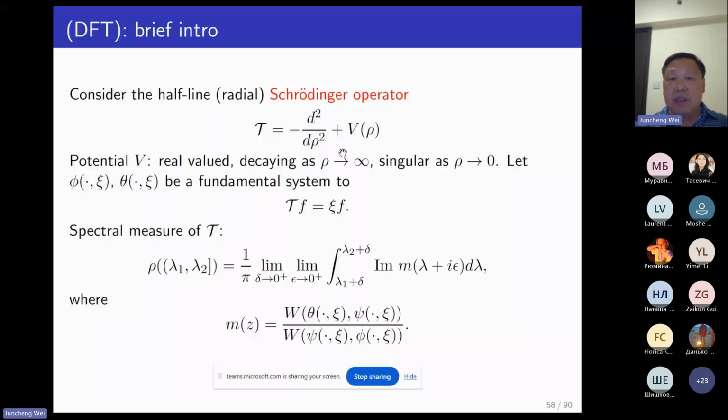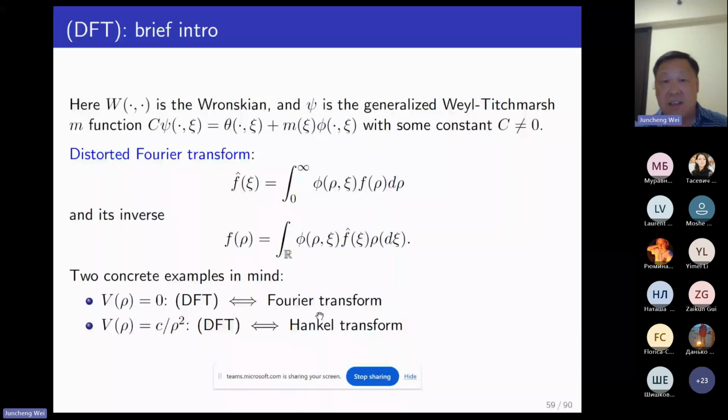The original Fourier transform corresponds to the second order derivative. With the Schrödinger operator, for each psi you find two fundamental solutions, and with these two fundamental solutions you can define the so-called spectrum measure. The spectrum measure is given by this Wronskian, which is the Weyl-Titchmarsh function.